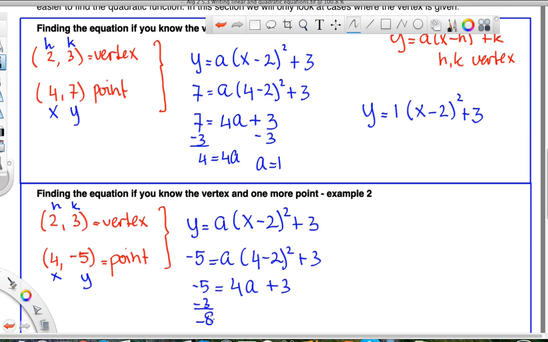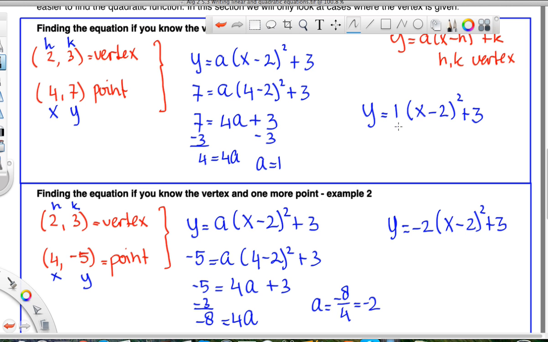So it's a negative 8 is equal to 4a. And that means that a would be a negative 8 divided by 4, which is a negative 2. So then the equation becomes y equals, a is a negative 2, and then it's x minus the 2 squared plus 3. So notice that it is possible to get a value different than 1 here.